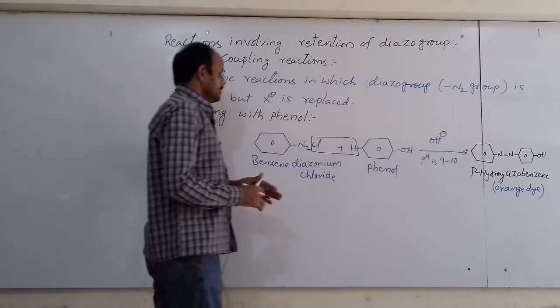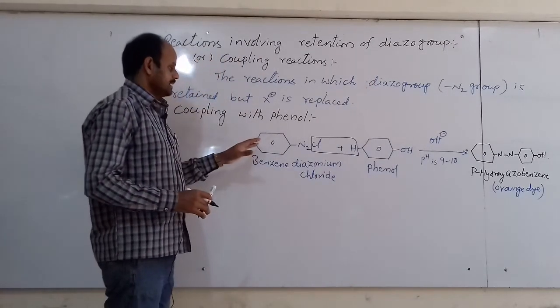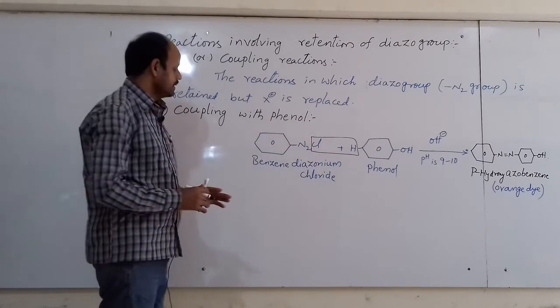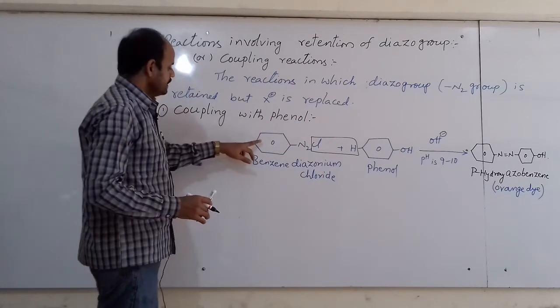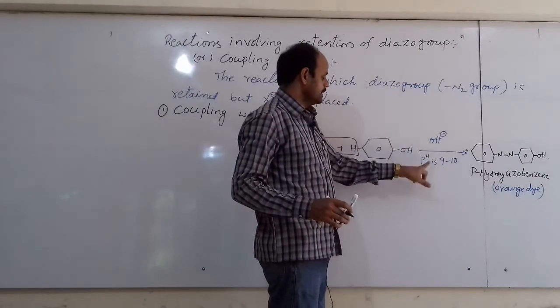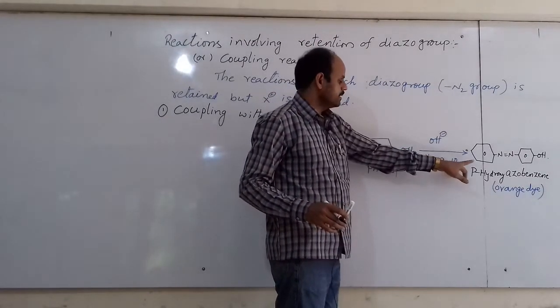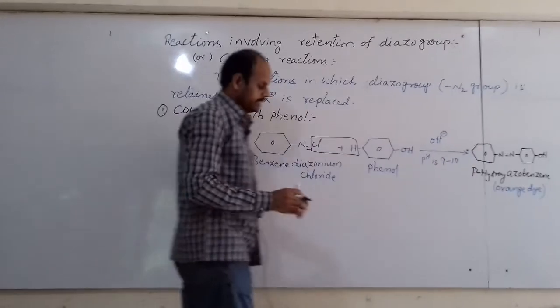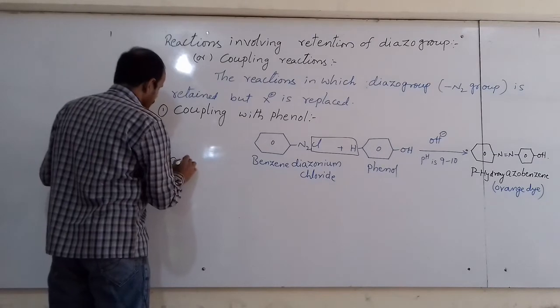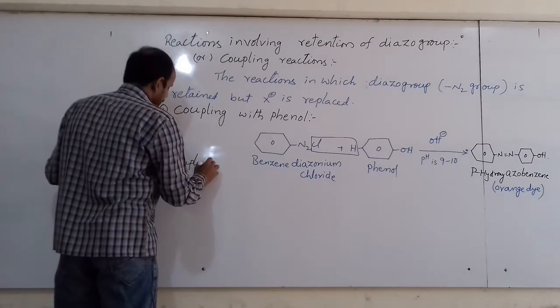Thus the products formed in the coupling reactions are colored compounds, thus used as dyes. Thus benzene diazonium chloride reacts with phenol in weak base, pH range 9 to 10, and we get para hydroxy azobenzene. And the second reaction is coupling with aniline.